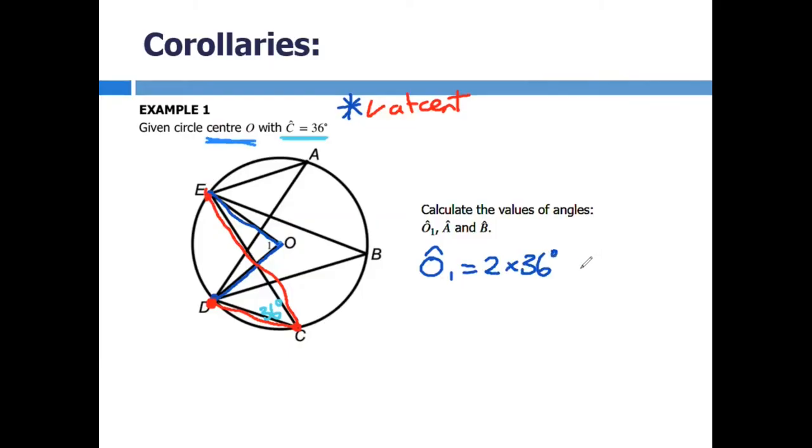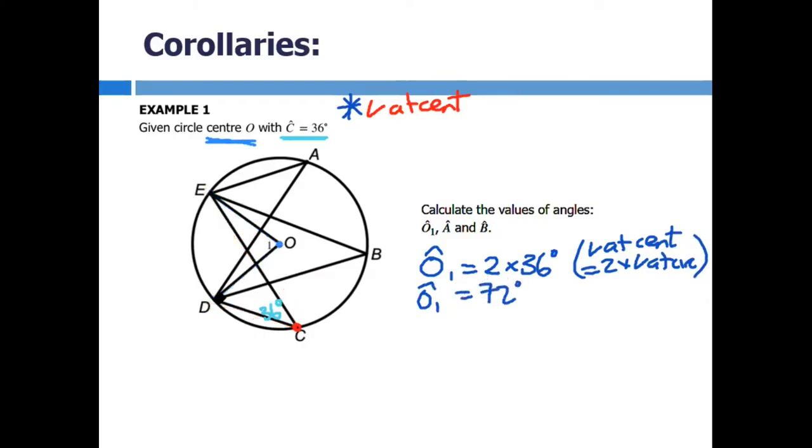So if you just substitute into your reason, you will not make mistakes. So angle at center equals 2 times angle at circumference. And that means that O1 is equal to 72 degrees. The minute you've got an answer, guys, please remember, you go back to your diagram and you fill it in, because you might need it later.